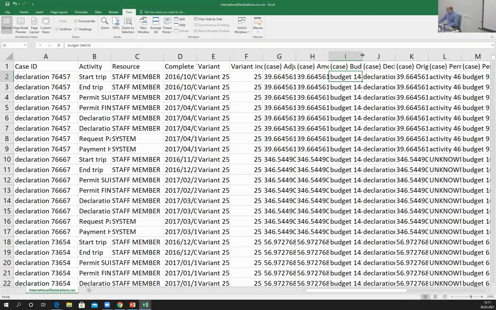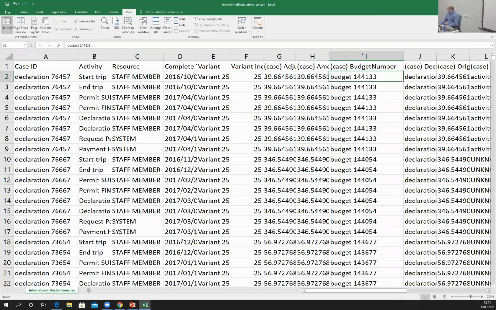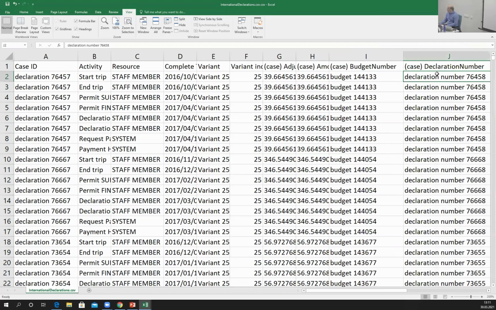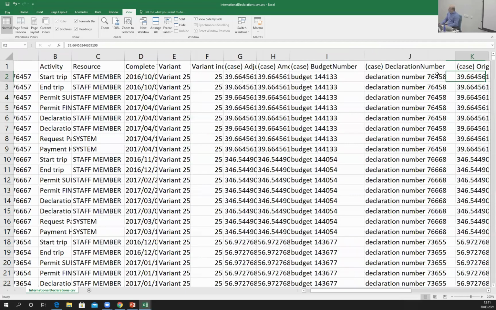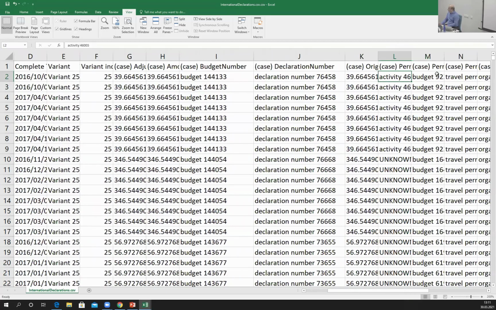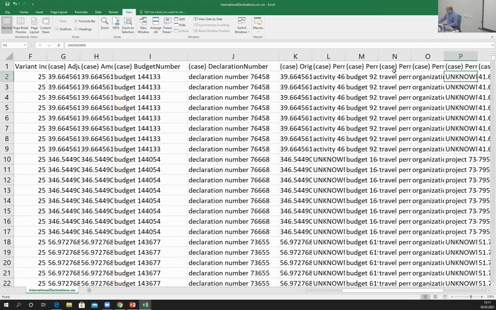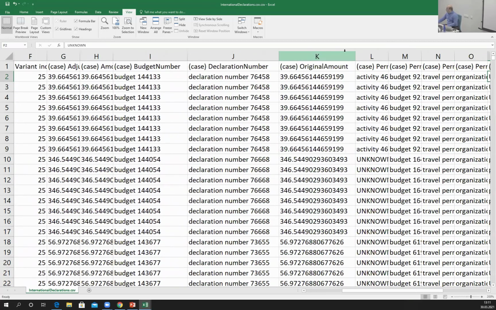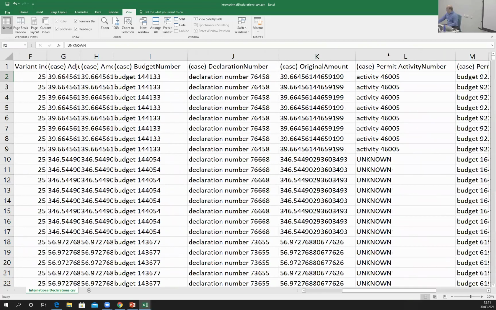They link it to some budget. Sometimes this declaration is linked to some other declarations. There's the origin and the destination and all sorts of columns that you would expect to find in such a place.